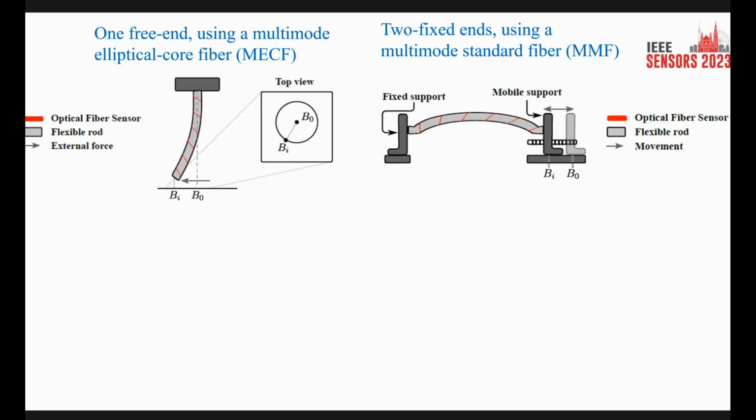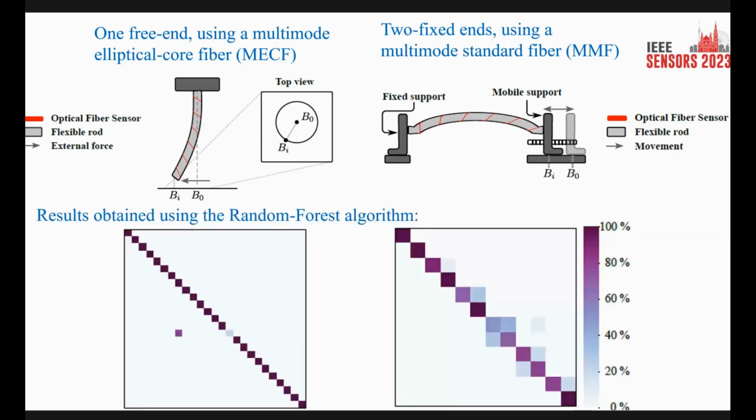As I said, the first one was the multimode elliptical-core fiber, and we also tested multimode standard fiber. So the core now is the one we know, the circular one, and we tested in different experiments, but it's bending at the end of the day.